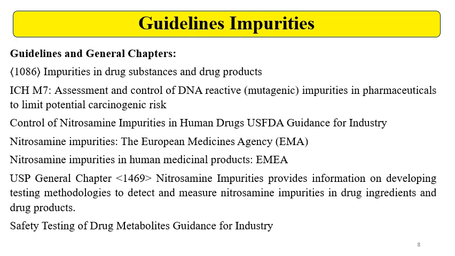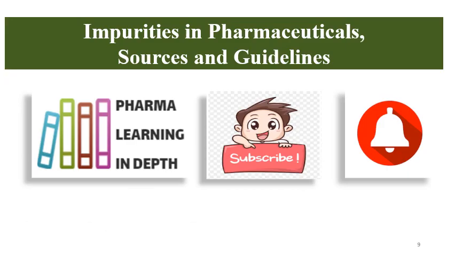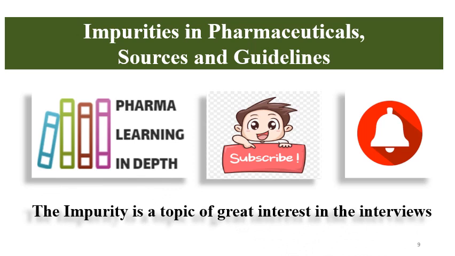Some guidelines are there for testing metabolites as impurities. That is safety testing of drug metabolites, a guideline from US FDA. So these are some of the guidelines I have listed here. Other guidelines are also available. If you go through those guidelines, you will get a complete understanding about impurities.